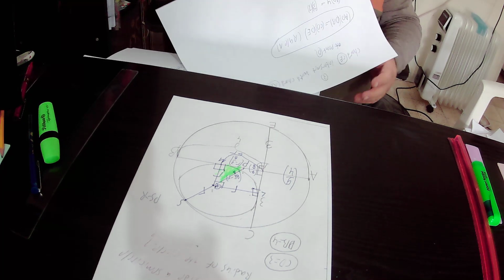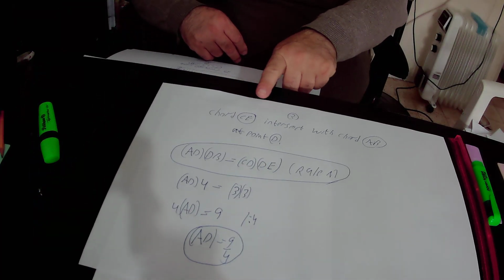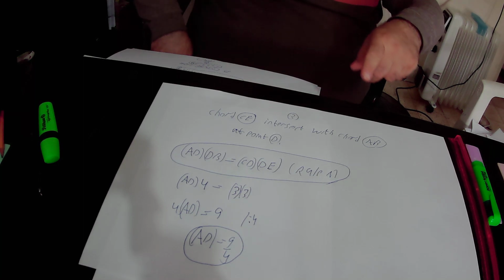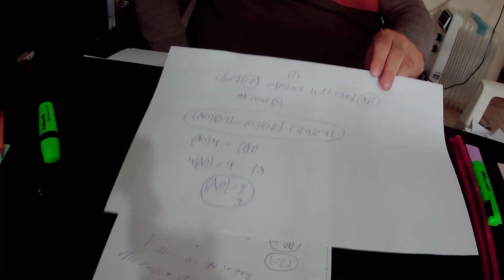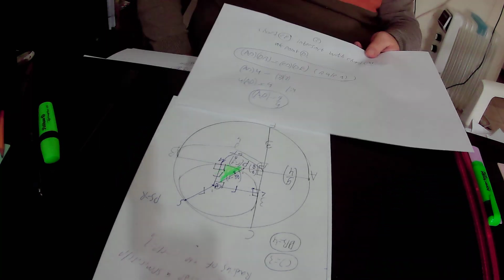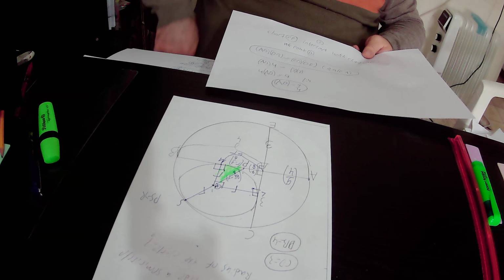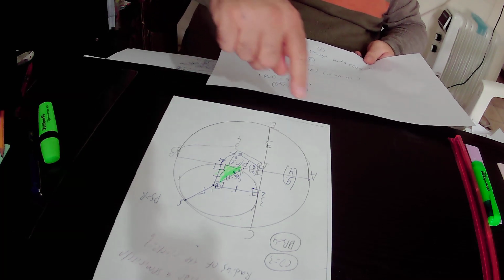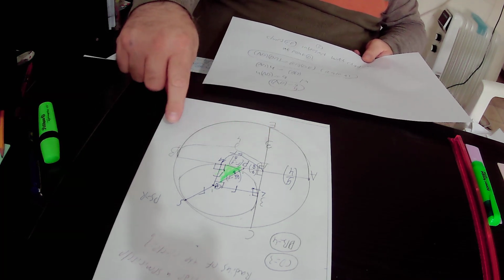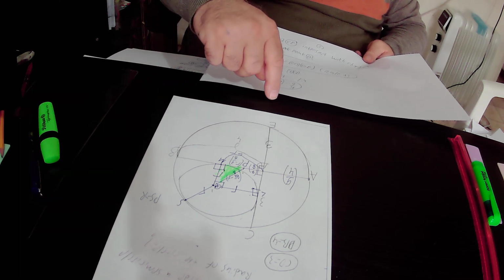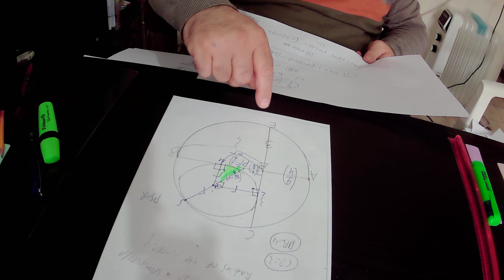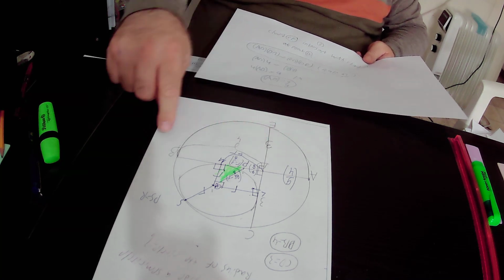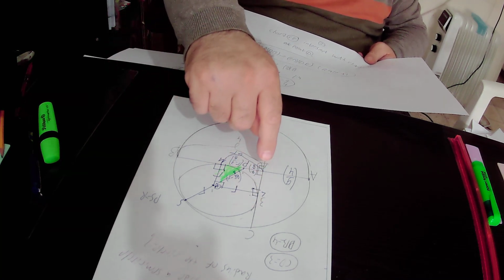I'll repeat again: in our original drawing, we have chord CE that intersects with chord AB at point D. Therefore, according to rule number 1, AD times DB equals CD times DE. Again, AD times DB equals CD times DE.